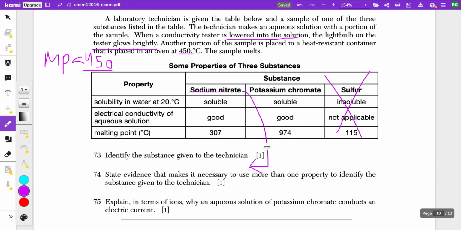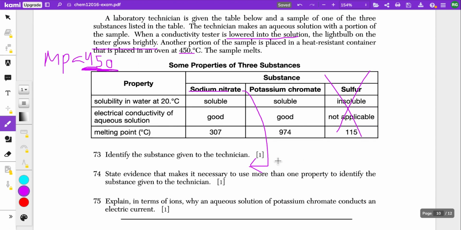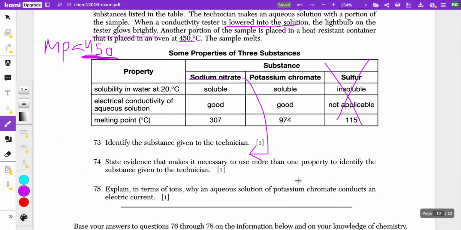If we used potassium chromate, its melting point is 974, and at 450 degrees Celsius it wouldn't even have melted yet. This thing's melting point is way above; it isn't even close to melting.